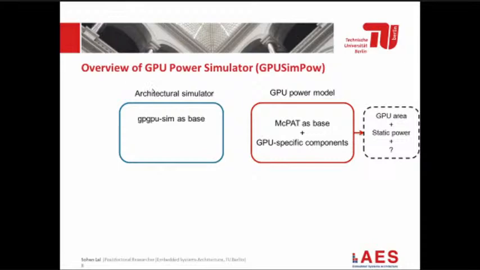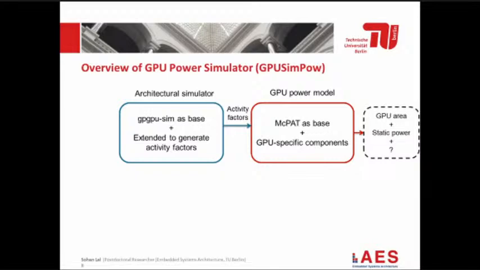We use GPGPU-Sim, another important tool for GPU research, as a base, and extend it to generate these utilization numbers. We call them activity factors, but basically they tell us how much the different components are utilized.